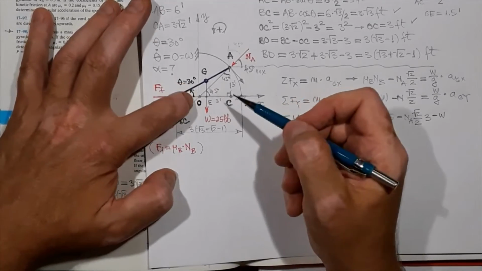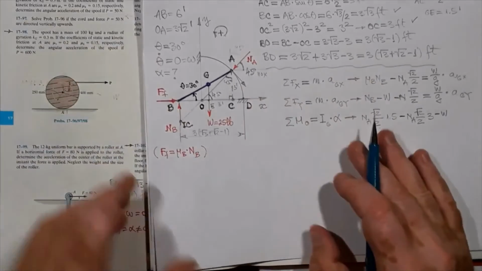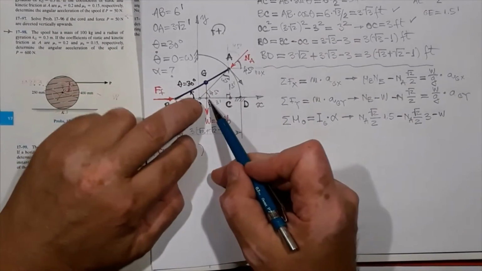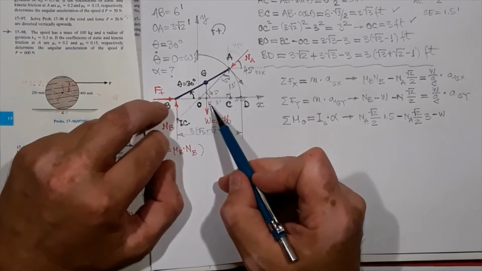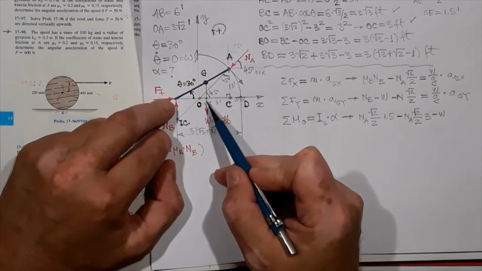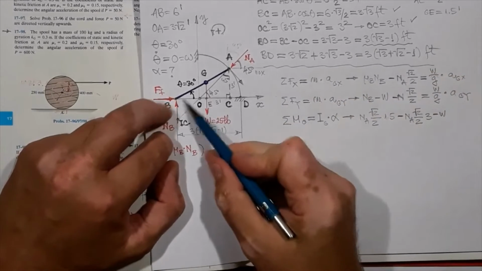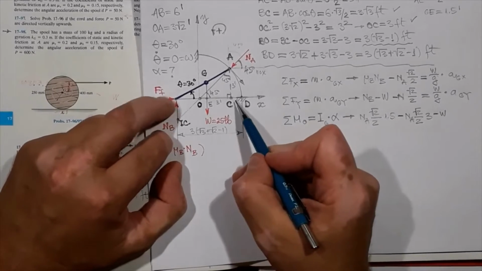The arm of the moment is the distance from O to E, and the distance from O to E is BE minus BO. BO, we have it calculated. BE is going to be half of BC.